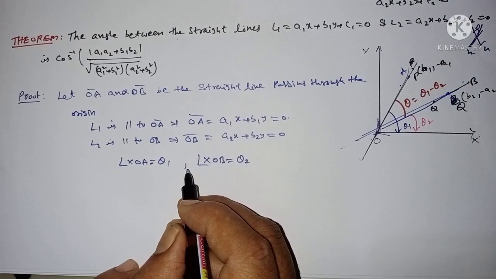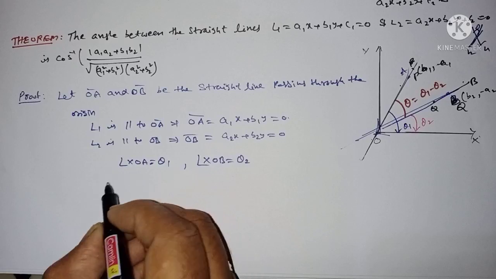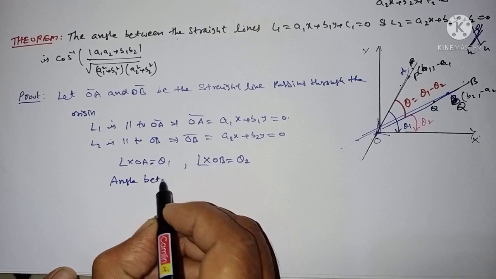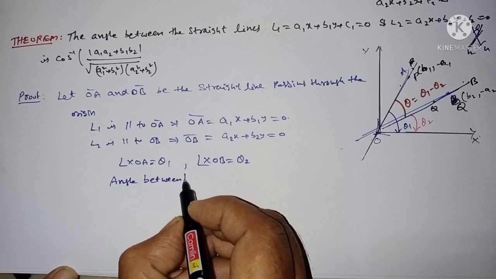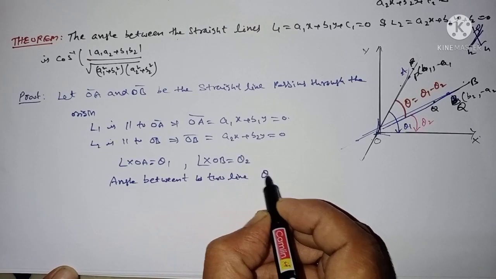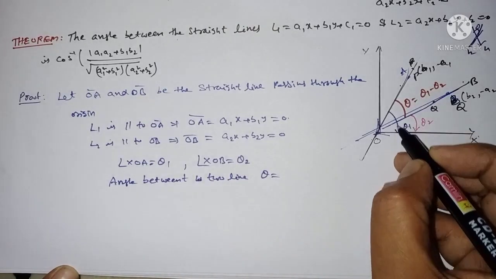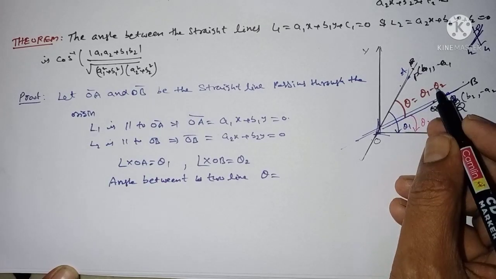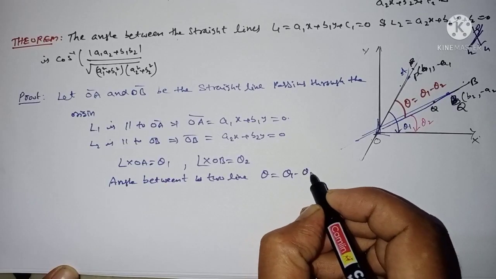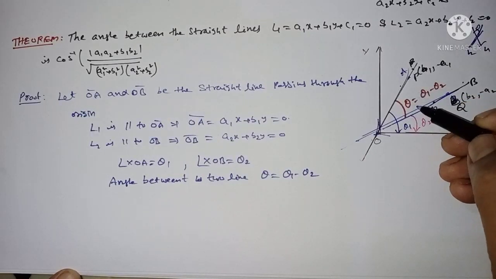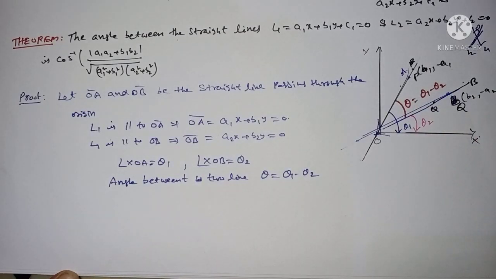Therefore, I can write here the angle between the two lines is theta, where the total is theta 1 and theta 2. Therefore, theta 1 minus theta 2 is nothing but the angle between the two lines. Then how can you find that? Okay.